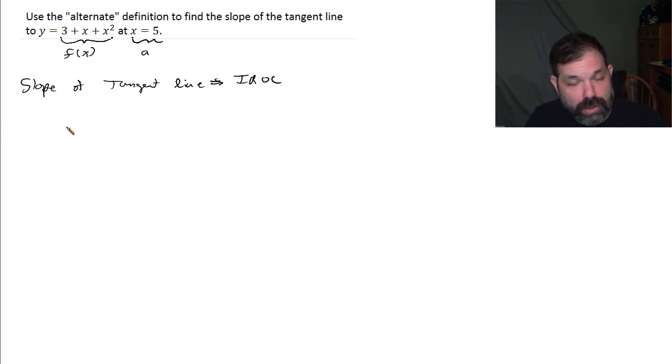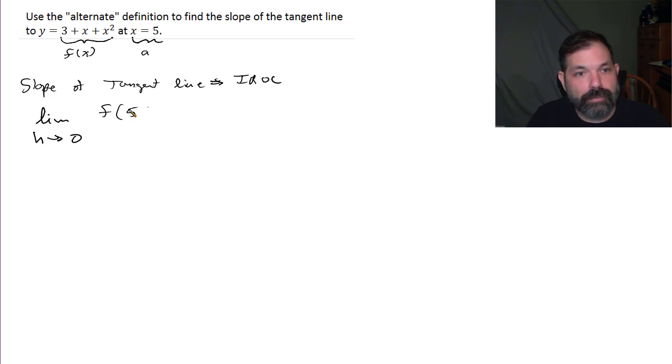So using the alternate definition, I will write this as the limit with h approaching 0 of the function at 5 plus h minus the function at 5, divided by h.